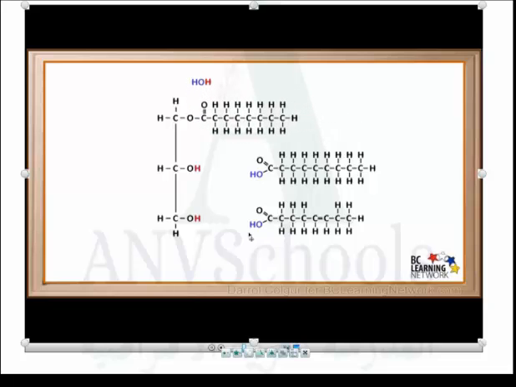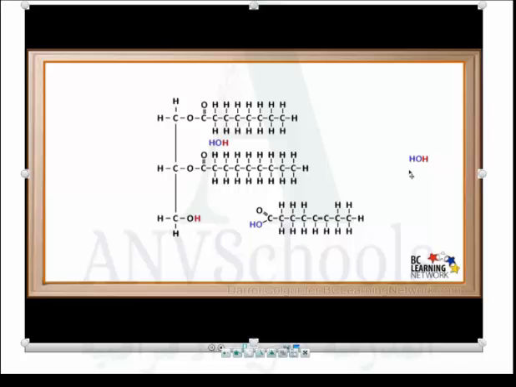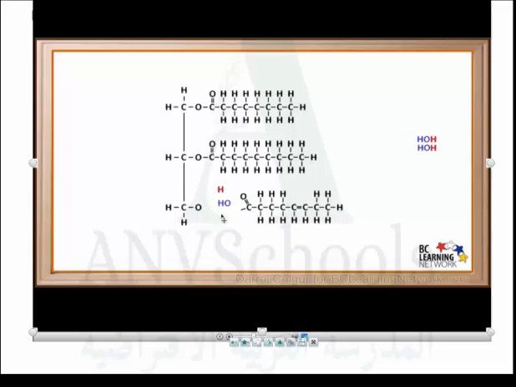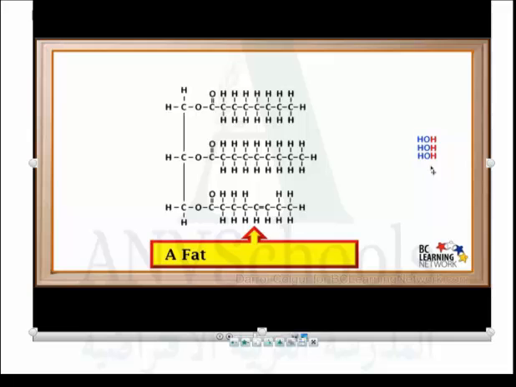So as you can see here, this produces a water molecule, and this one also produces another water molecule, and this one also produces another water molecule. So in this case, we are having 3 water molecules.